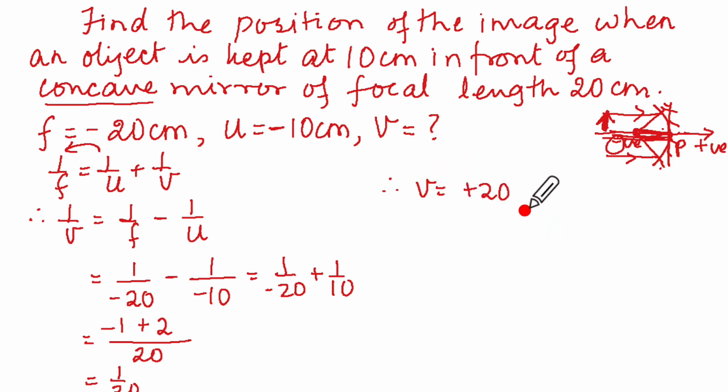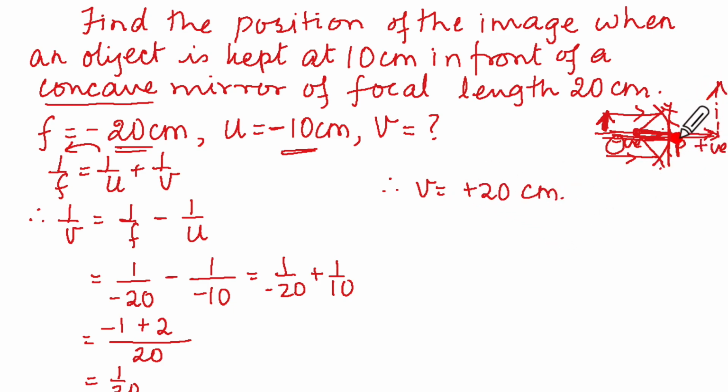Now what does plus 20 centimeter mean? That the image is on the right hand side and it is plus 20, means it's going to be like so. So you will see that the focal length was 20 centimeters and the object was kept within the focal length, and that's why we got the magnified virtual image.